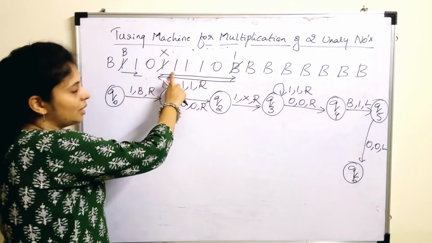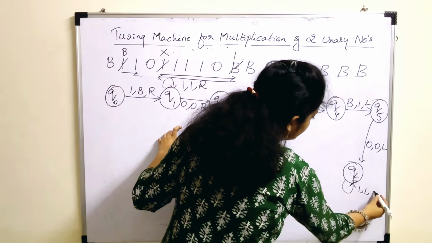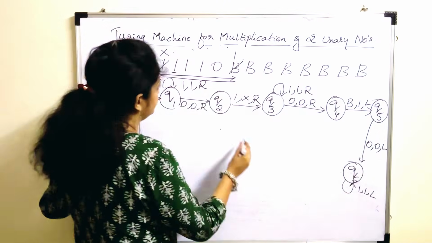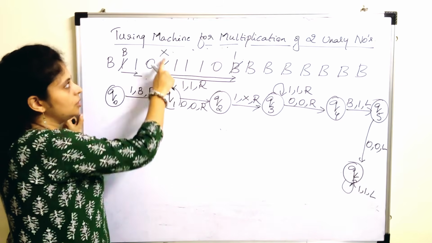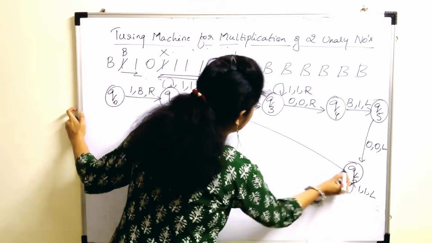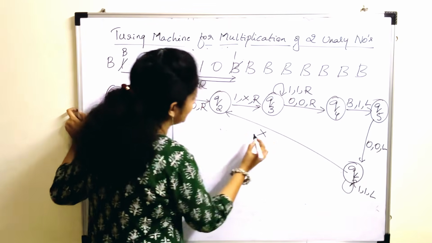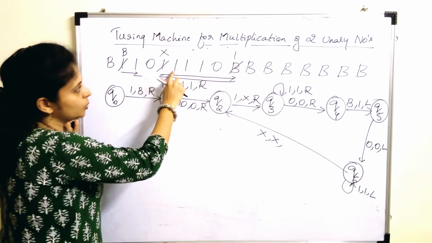So we have n number of ones. So all those ones remain 1 only, move towards left side. Now after getting n number of ones, you will get X. So when input is X, take this as loop. When input is X, that X remains X only and move towards right side.